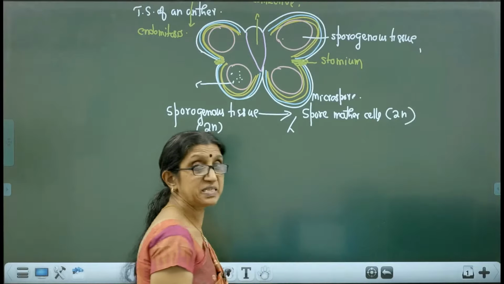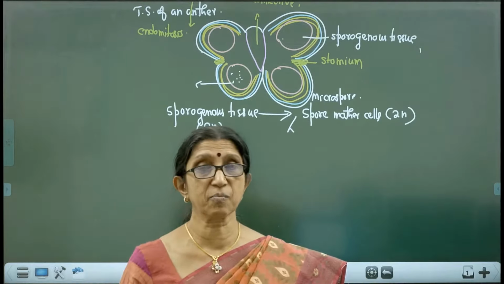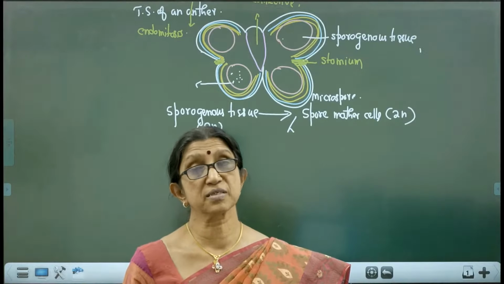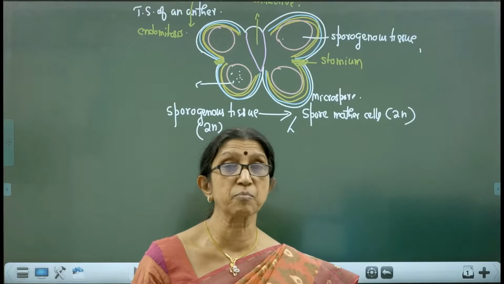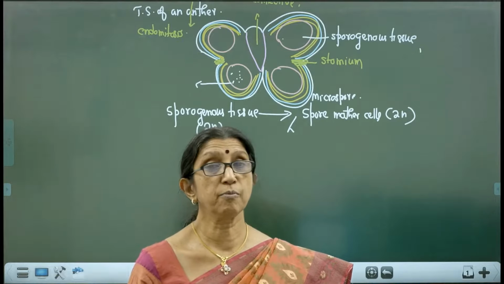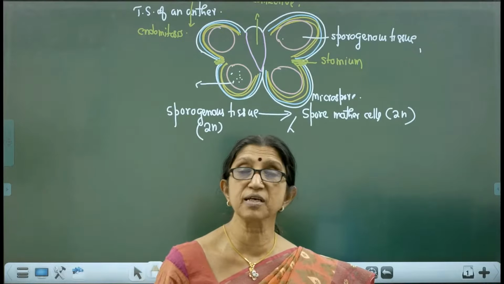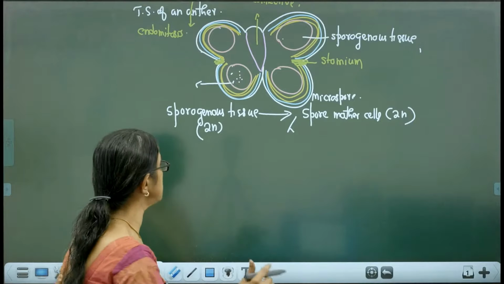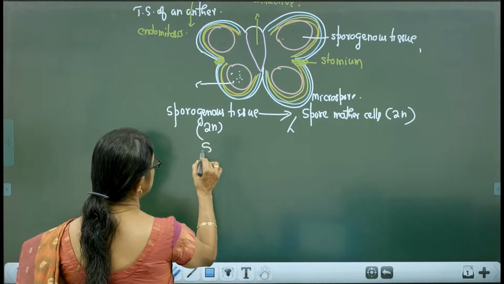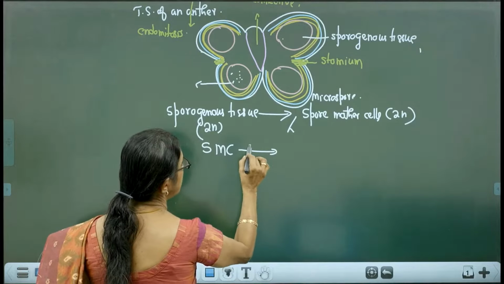In the previous chapter, you have studied that during gametogenesis in higher plants, right, meiosis occurs. Okay, the way by which the gametes are produced is through meiosis. So the mother cells will undergo the reduction division, that is called meiosis. So the spore mother cells undergo meiosis.